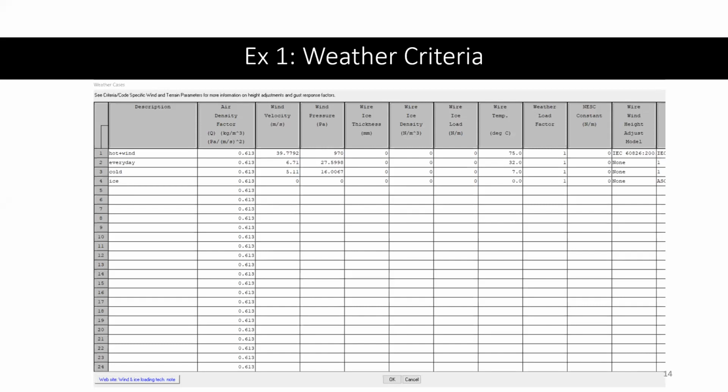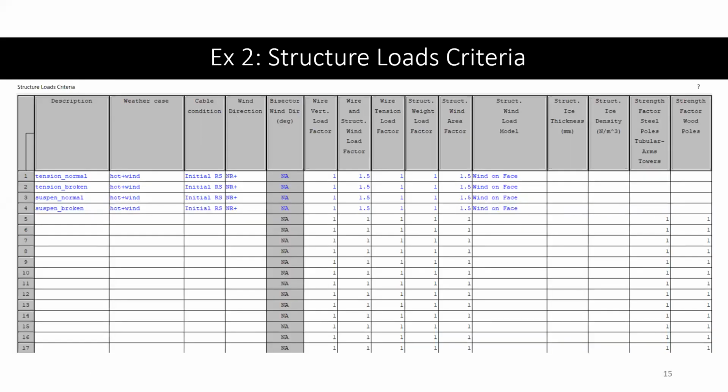This is another criteria file that is created for structure loads. In the description, you can see for tension towers and for suspension towers, both the normal and broken wire conditions.